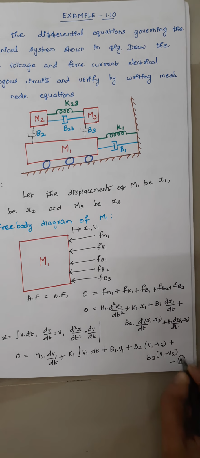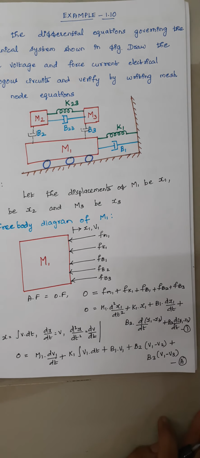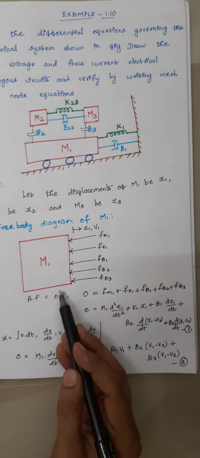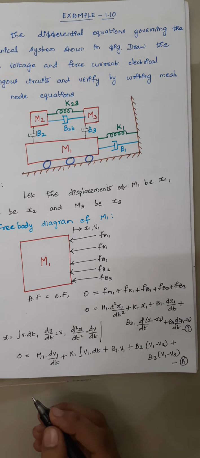Let this be equation number A, and let this equation be equation number 1. This is your first differential equation of mass M1. The next step is we are going to draw the free body diagram of M2 here.